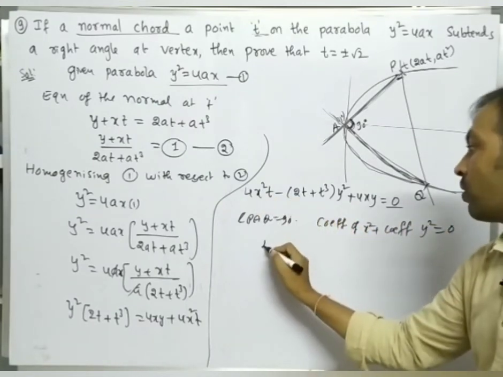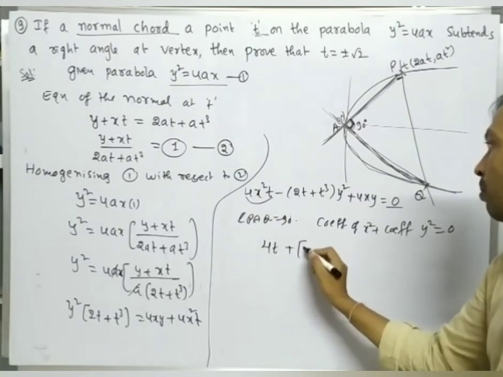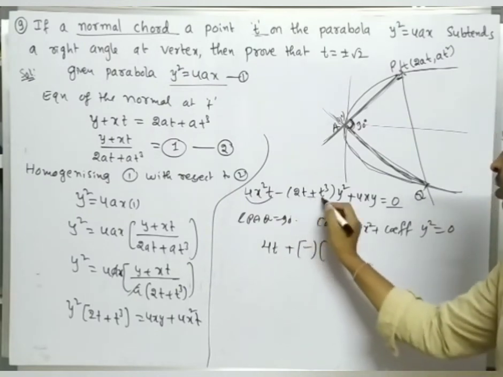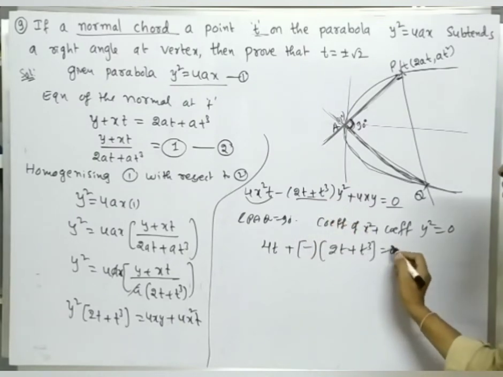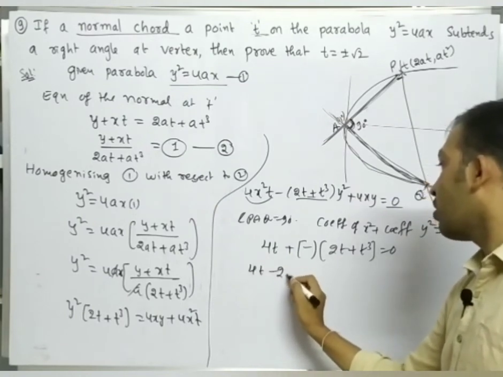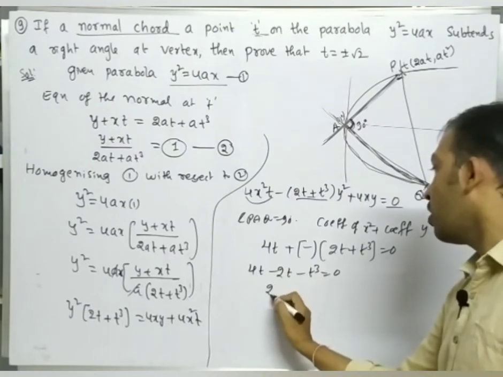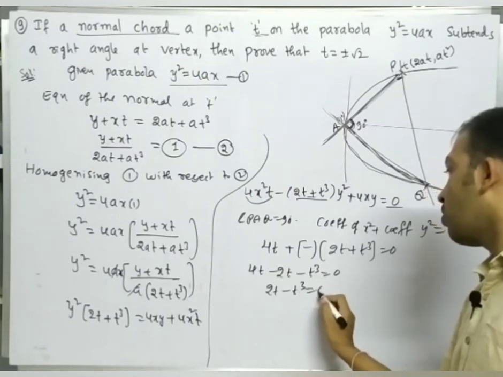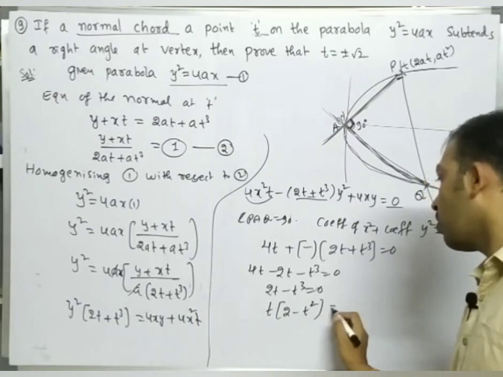What is the coefficient of x square here? 4t plus minus of the y square coefficient (2t plus t cube) is equal to 0. So 4t minus 2t minus t cube is equal to 0. 4t minus 2t, 2t minus t cube is equal to 0. Taking t common, 2 minus t square is equal to 0.